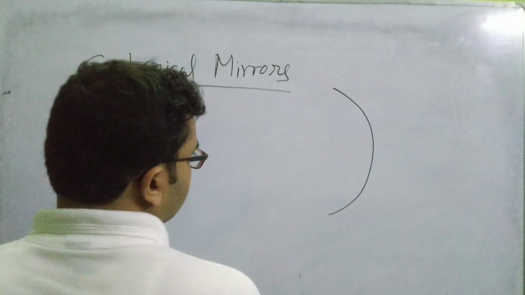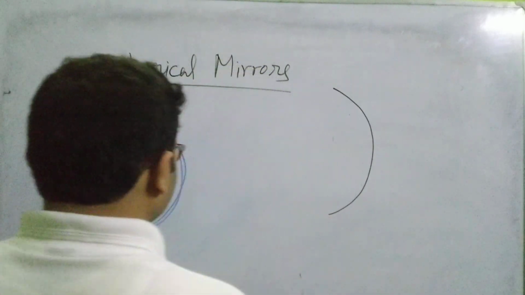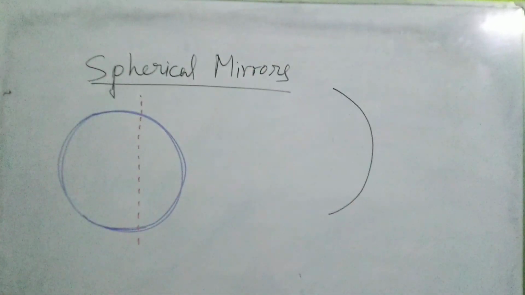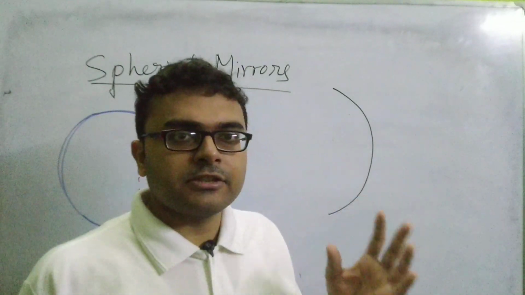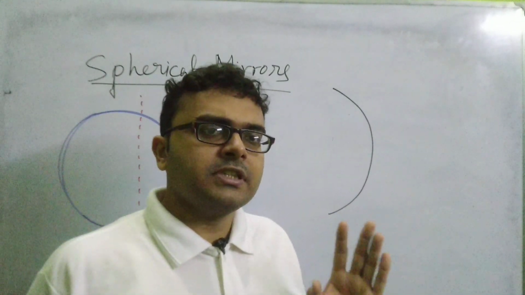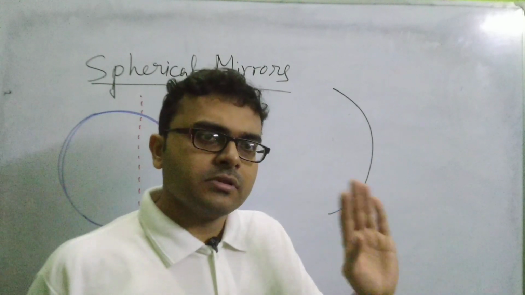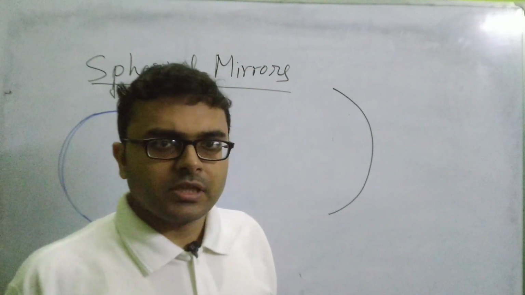Like this. Okay, so if you see here there are two surfaces, one is the inside surface and one is the outside surface. Now for designing a mirror, what did we do? What we actually do is paint one of its surfaces with silver or just put a layer of mercury.